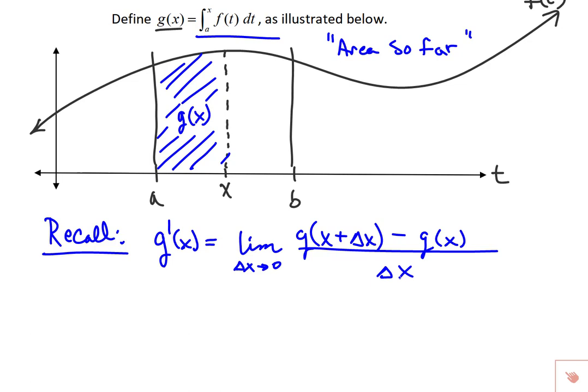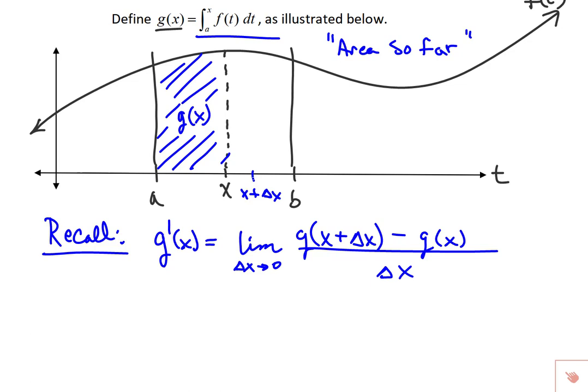Now let's go back to our diagram to understand what this could mean. Remember, delta x, just like h was, is just some arbitrarily small value. If I add it to x, I have a place already on my diagram where x was, between a and b. If I have x plus delta x, that's just a little further down the axis.